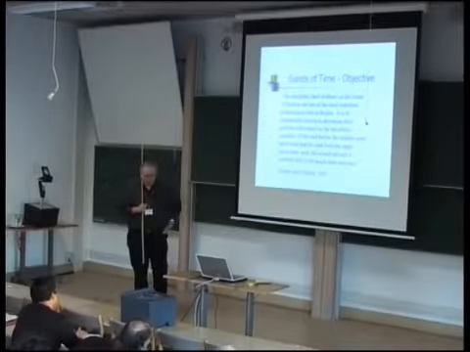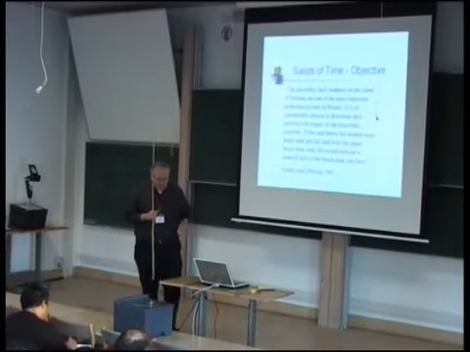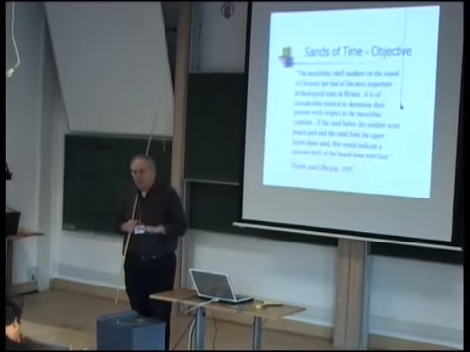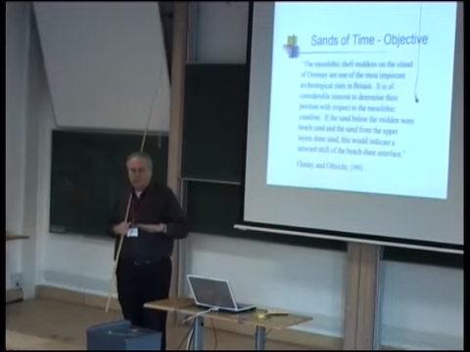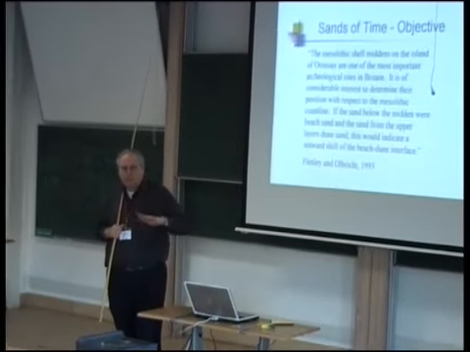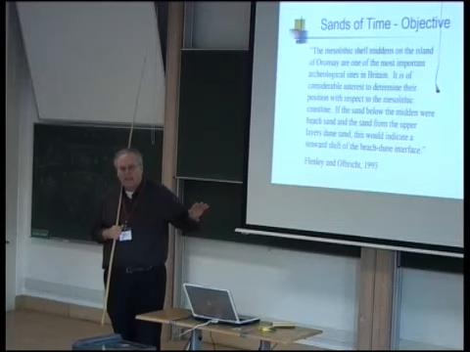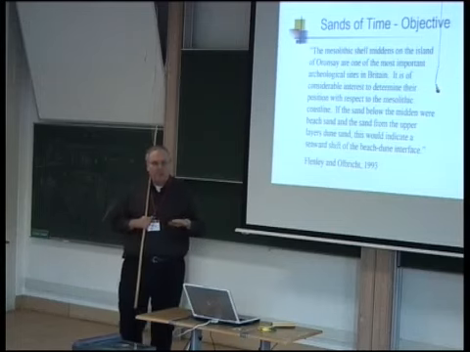If the sand below the midden were beach sand, that would say these people lived on the beach. If it were dune sand, that would say they were living in the dunes. But now this sand is on the beach.